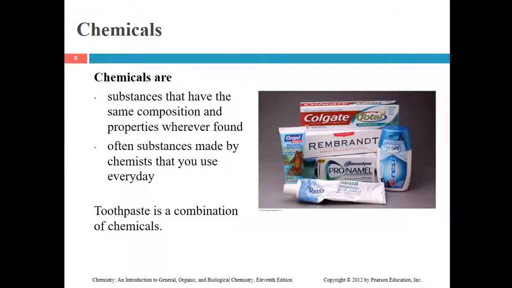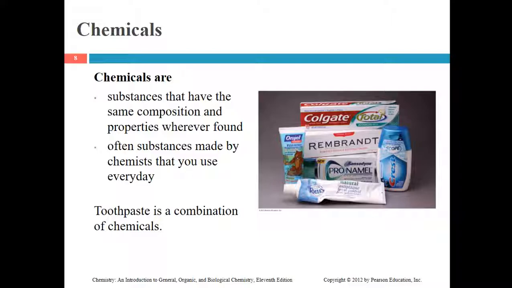And so chemicals are substances that have the same composition and properties wherever found. So, when the company is making your Colgate toothpaste, that recipe that they use should hopefully be the same recipe for all the different Colgate Total tubes that go out there. Or let's say that they're going to make deodorant.